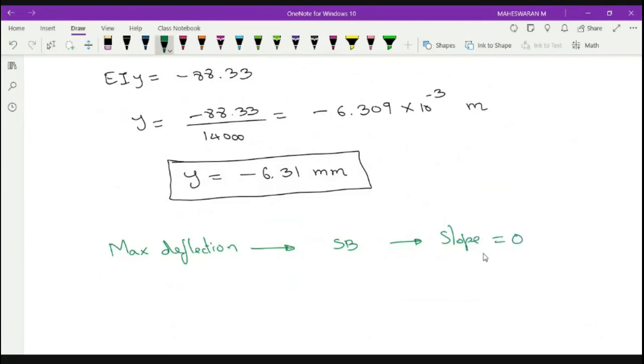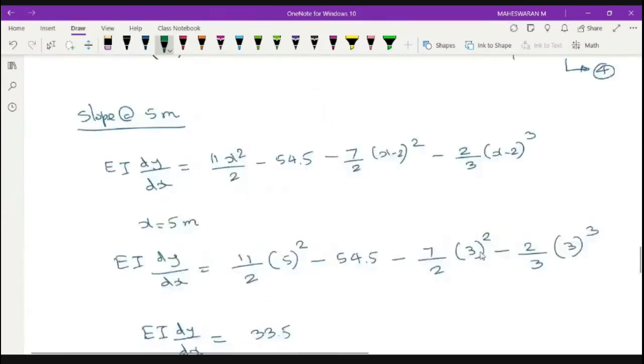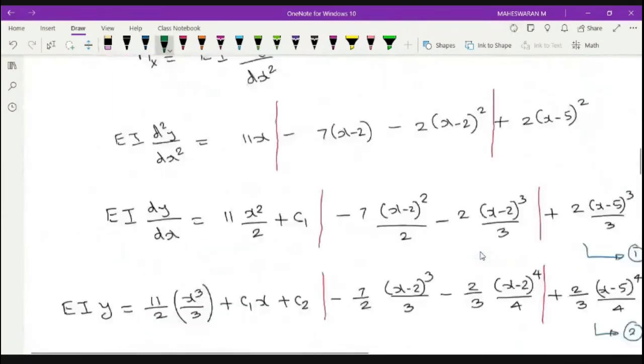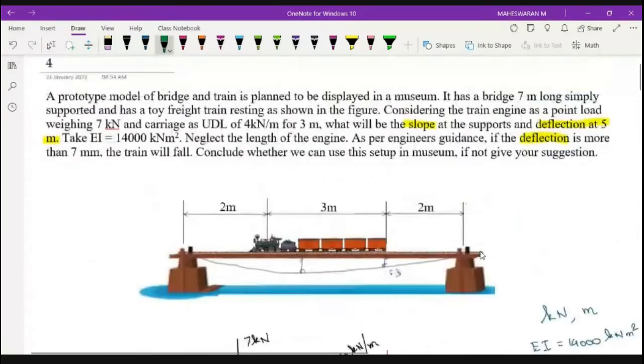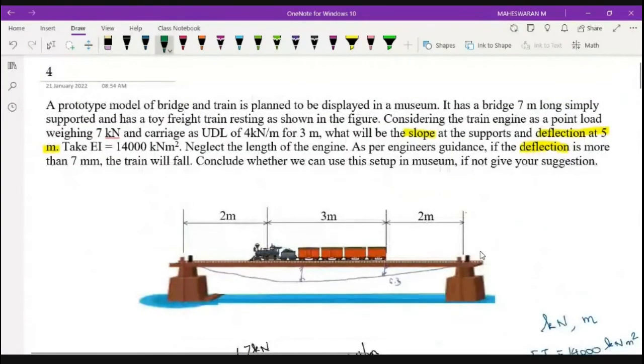When your slope is 0, that location has the maximum deflection. So before we proceed, we have to identify the location where you have maximum deflection.